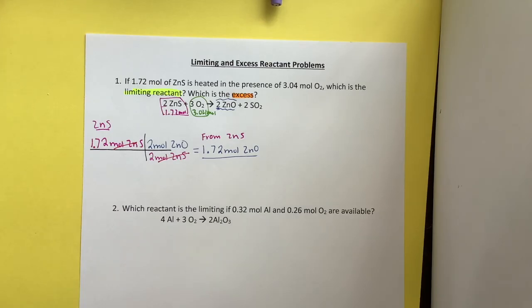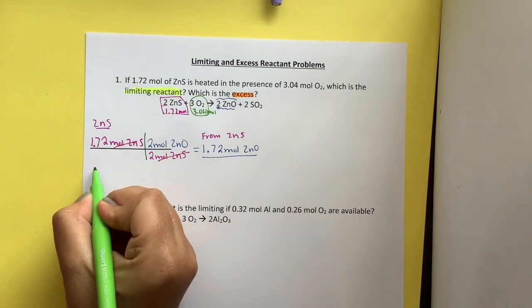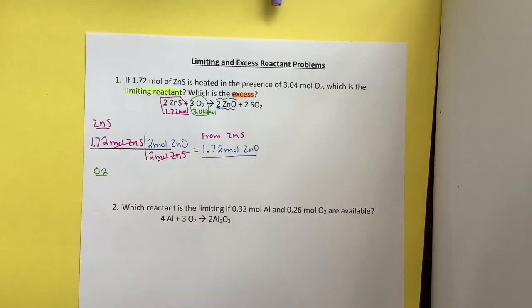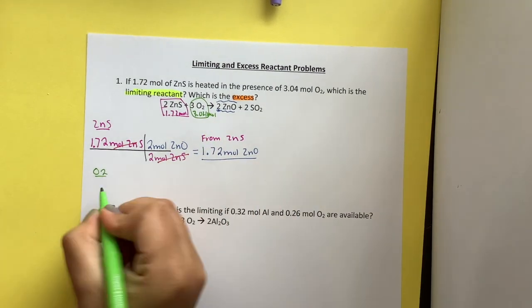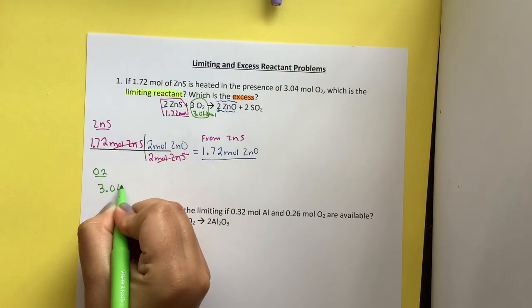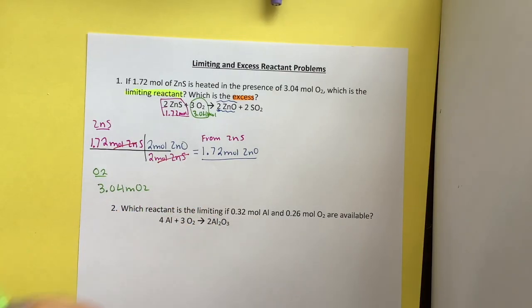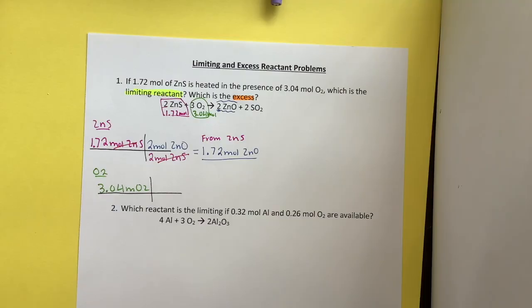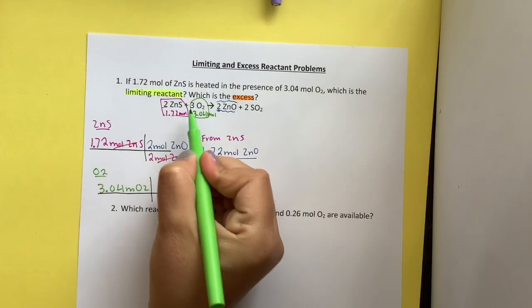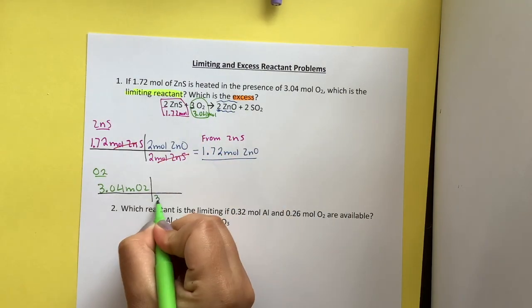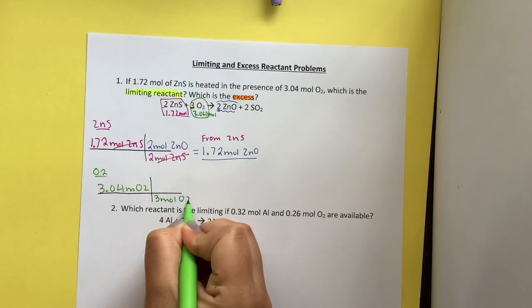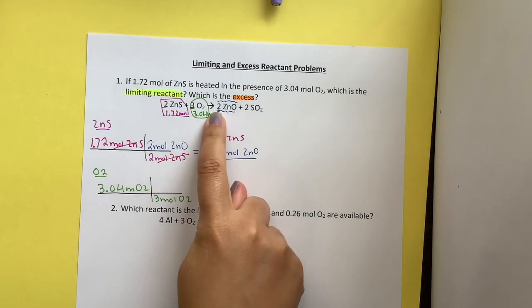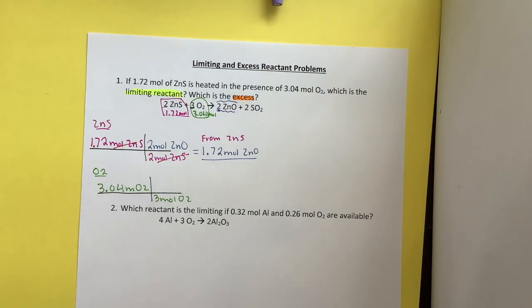Now I'm going to do the same thing, but now looking at oxygen. So how much product can 3.04 moles of oxygen make? Since I'm already in moles, my next step is to look at the mole ratio. And according to the mole ratio, there's 3 moles of O2 for every 2 moles of the product.